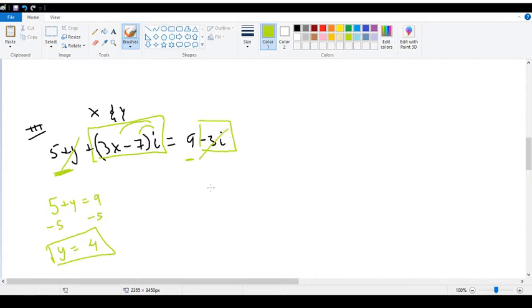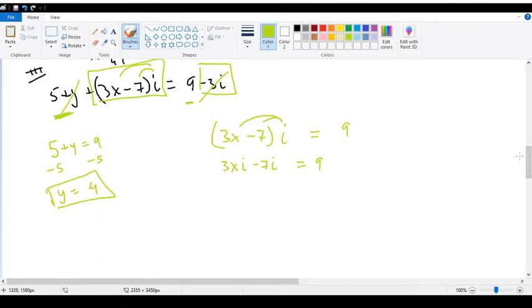So what I got left is 3x minus 7 multiplied times i equals 9. So distribute, so you get 3xi minus 7i equals 9. The idea here is to get x by itself.